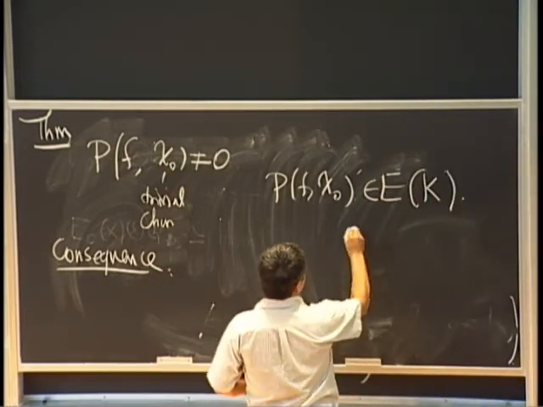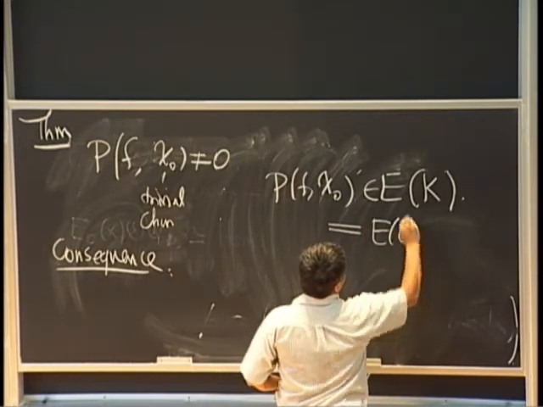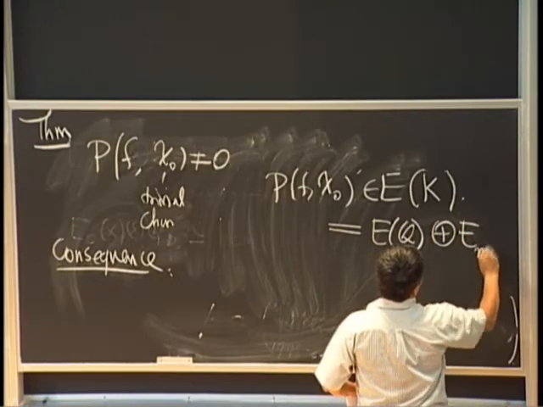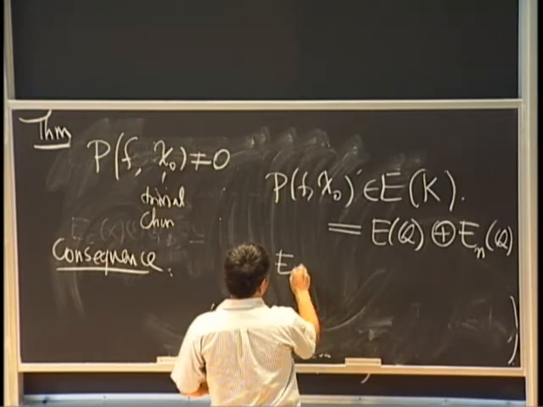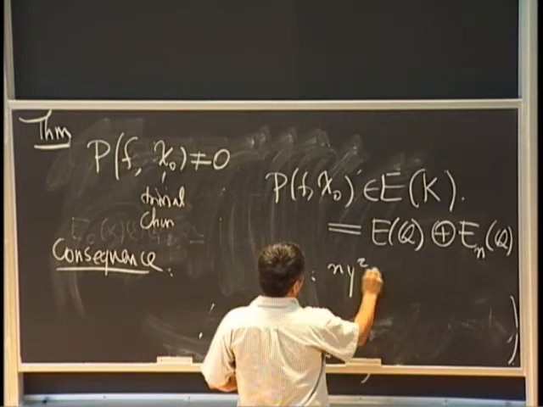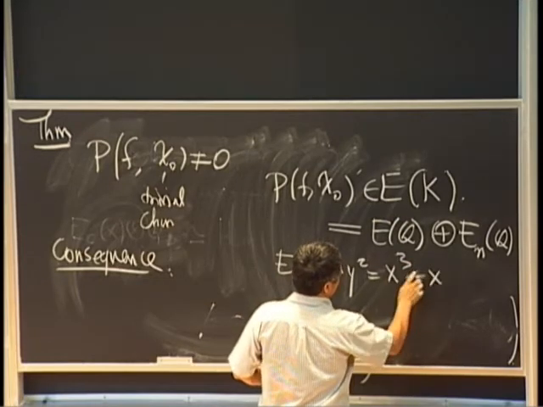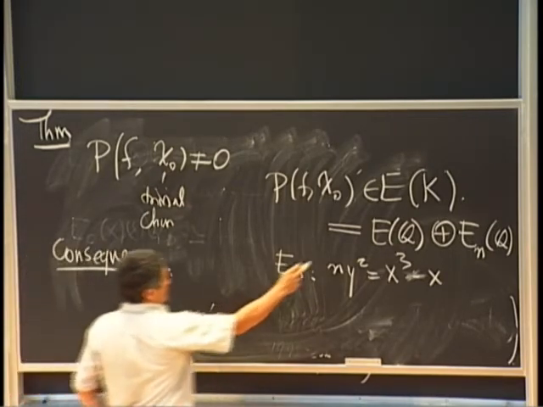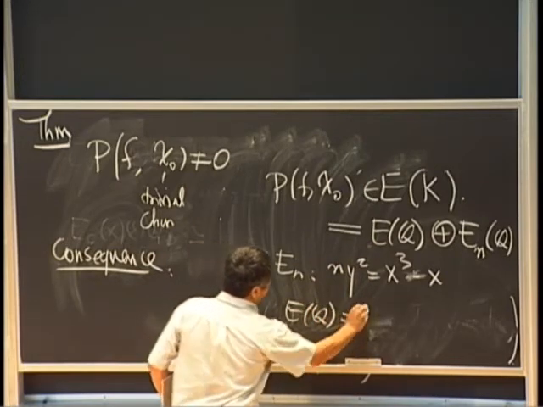E(K) is almost like E(Q) direct sum E_n(Q), where E_n is the elliptic curve n y squared equals x cubed minus x. The consequence: because this one is more or less trivial, E(Q) only has torsion points.